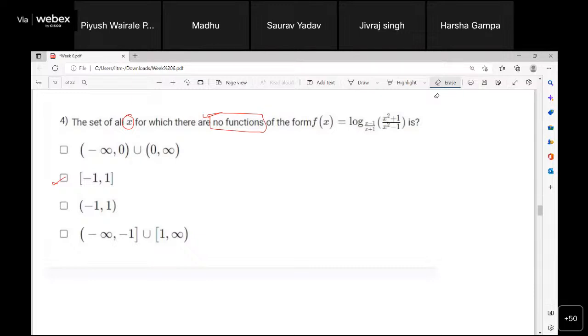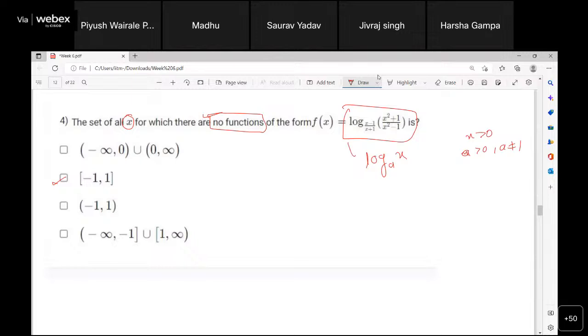Okay, but by applying the log properties, how can we solve this, like what we have discussed today? We can put a constraint on the domain by using that it should be positive. And another, you can put a constraint on the base.